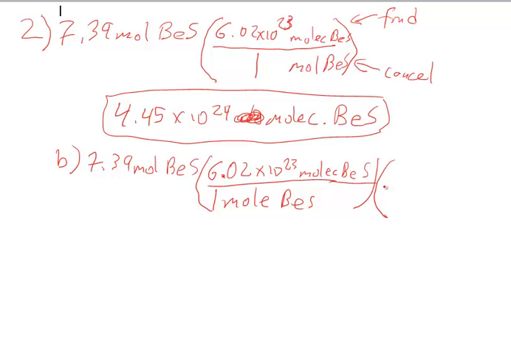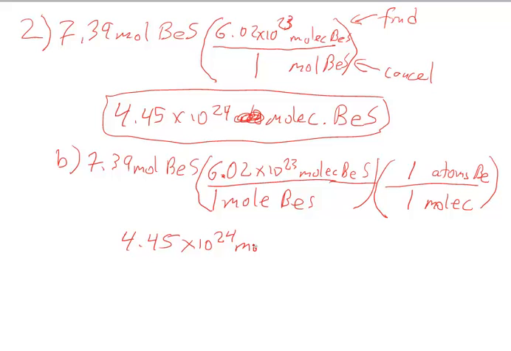Then we're going to atoms of beryllium. So for each molecule, that's what we want to cancel, we want to know how many atoms of beryllium we have. If you look at the compound BeS, it contains 1 atom for every 1 molecule. So our answer will end up being the same thing. 4.45 times 10 to the 24th atoms of beryllium.